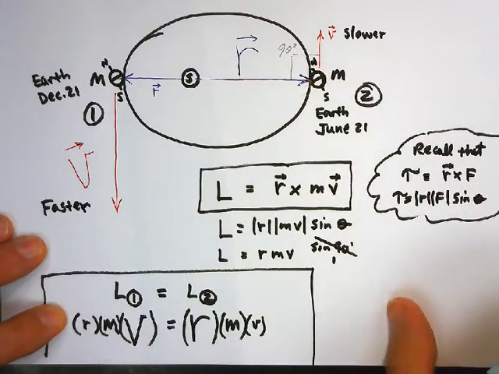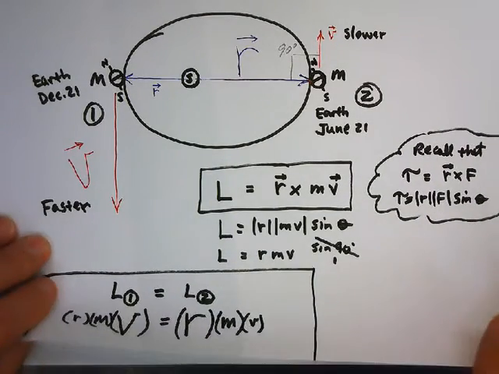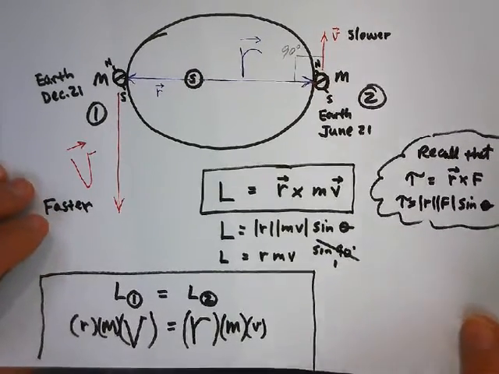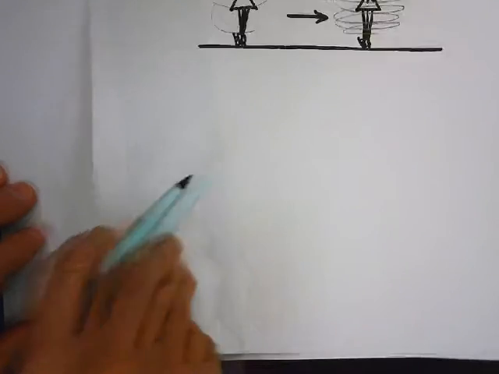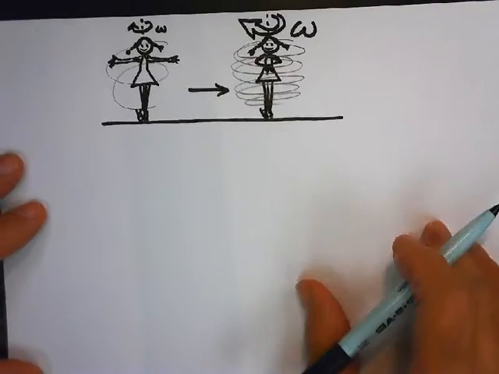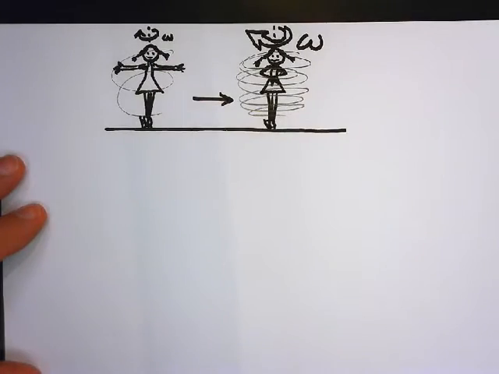But what about for a large mass made up of many particles, like, for example, an ice skater? We can treat the ice skater as made up of many particles pivoting around an axis.